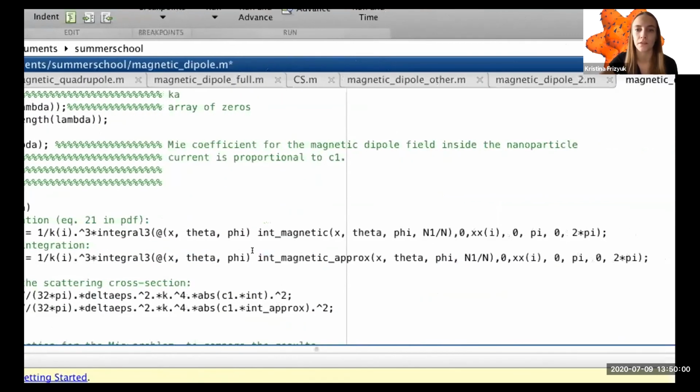This is the integrand, the function which stays under the integral, and these are the limits of the integration for r, theta, and phi. So we are going to look at these two.